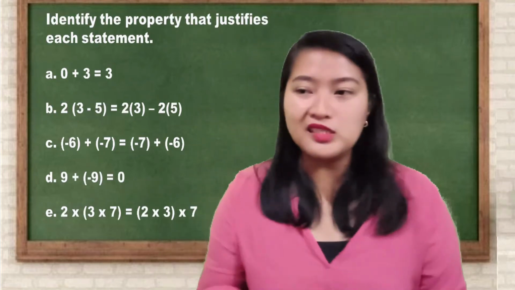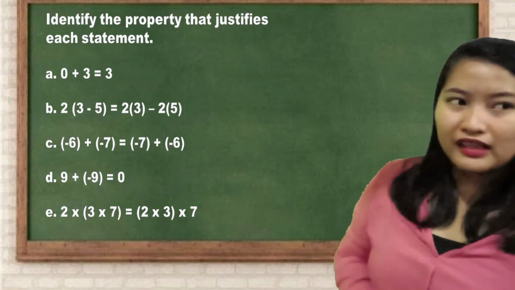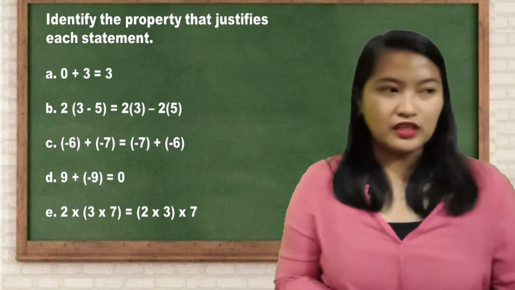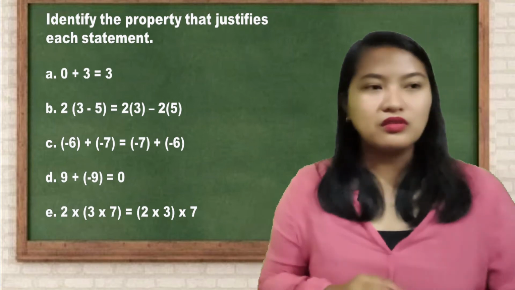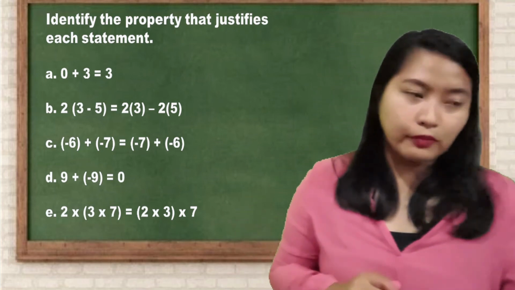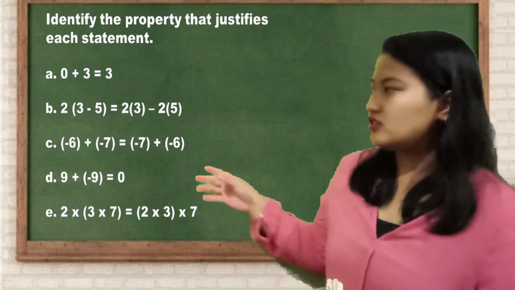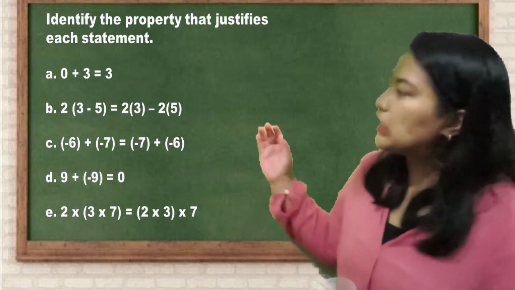And let's see who is listening or not. Okay, so I have here the practice for this morning. I will call again one student using the popsicle stick to tell us what identity or property we have in each statement. Again, we need to identify the property that justifies each statement.